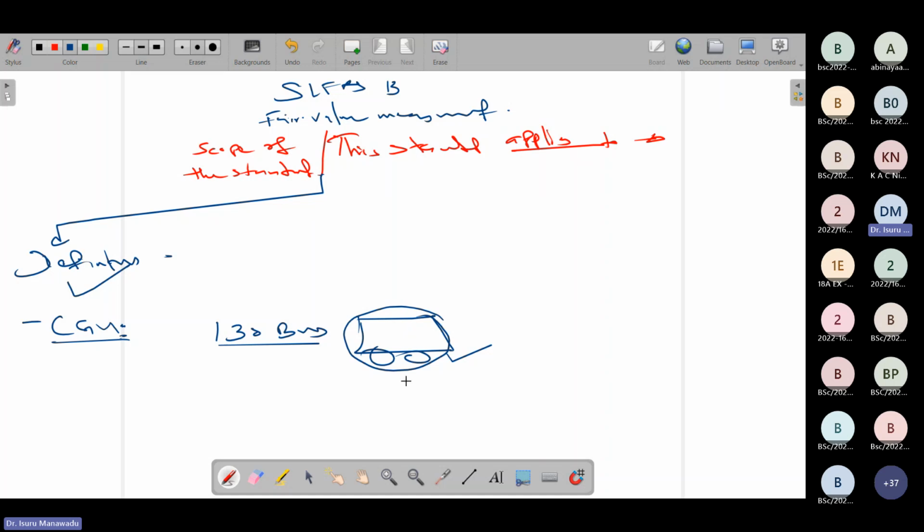Can I generate money from this bus? No. What else do we need to acquire to generate cash? Route permit, yes. That is an intangible asset.